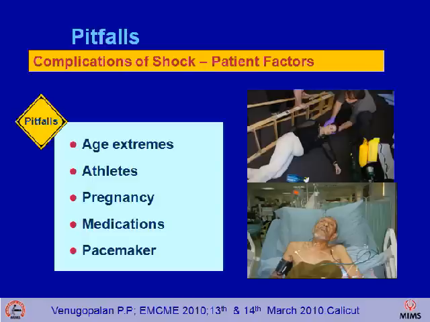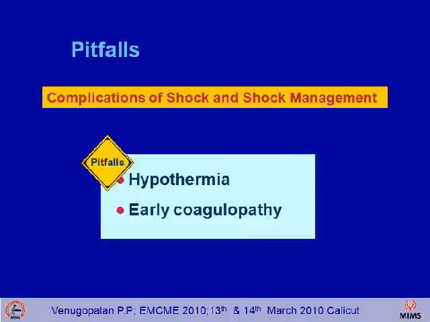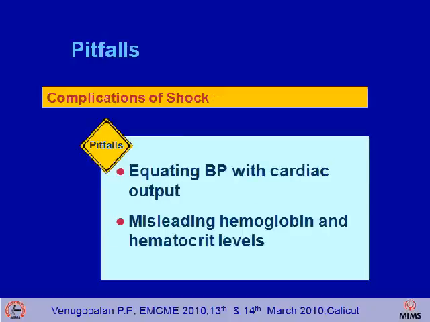So whenever managing these cases, you should be cautious about variations of the normal response to volume loss. Whenever managing shock with a high volume of fluid, you should focus on the prevention of hypothermia, because hypothermia is likely to cause coagulopathy and failure of resuscitation.